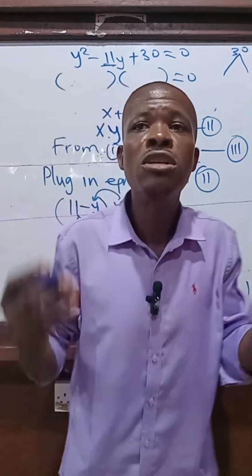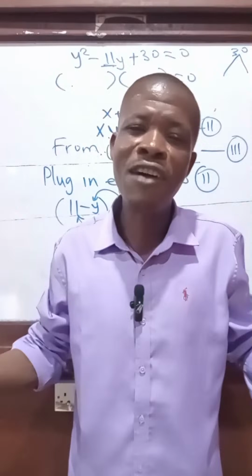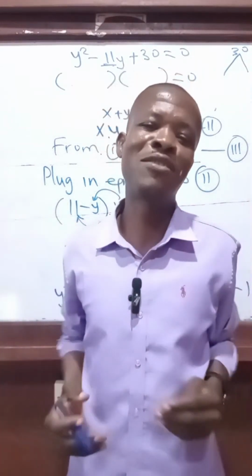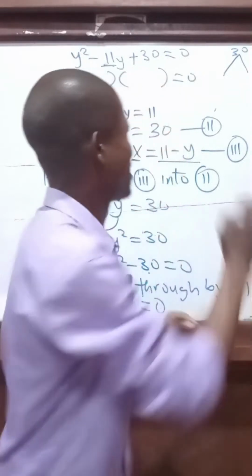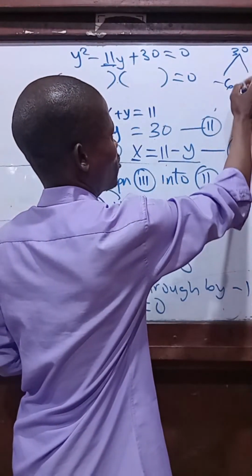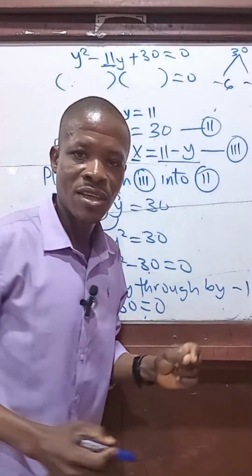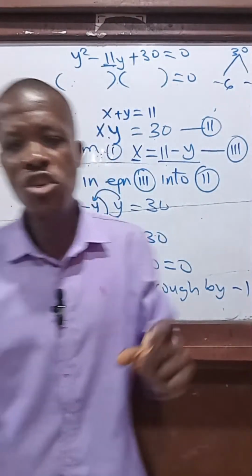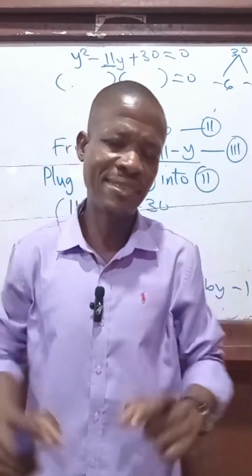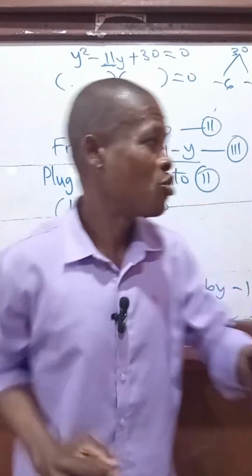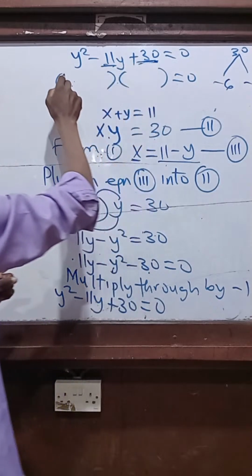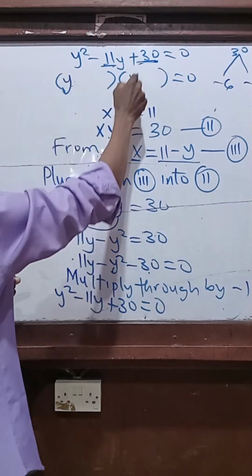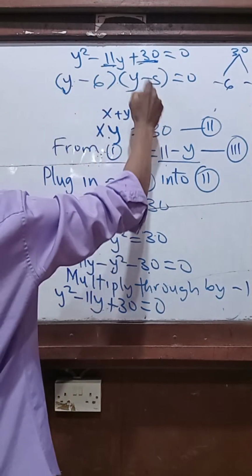So how do we use 6 and 5 to get minus 11? That will be minus 6 minus 5. And when you multiply minus 6 and minus 5, you're going to have plus 30. So y squared, one will be here, one will be here, minus 6 minus 5.